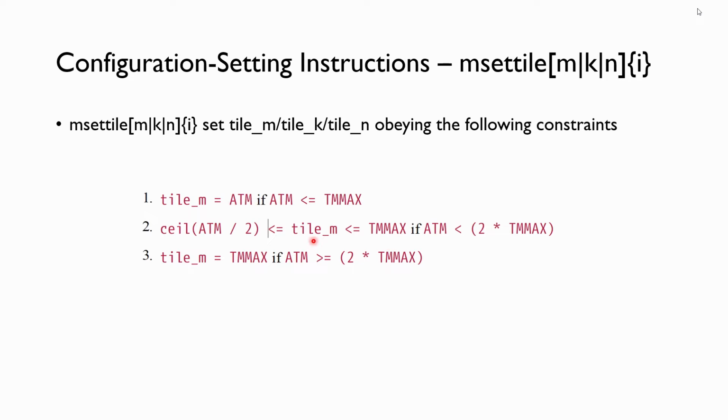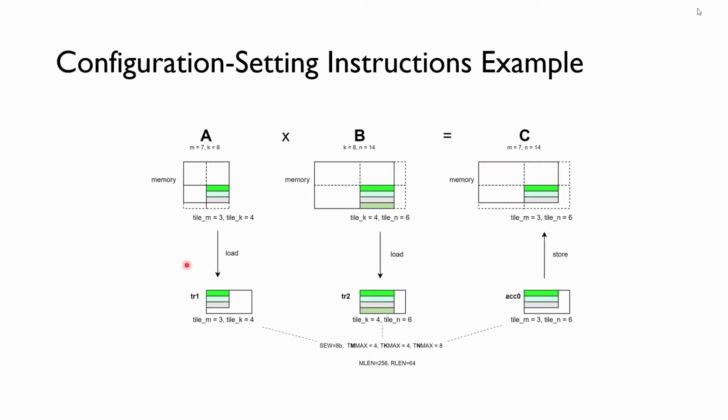If ATM is less than 2 times TM max, then tile M is allowed to be anywhere between half of ATM and TM max. And when ATM is greater than 2 times TM max, then tile M is set to TM max. So this is quite similar to the vsetvl instructions.